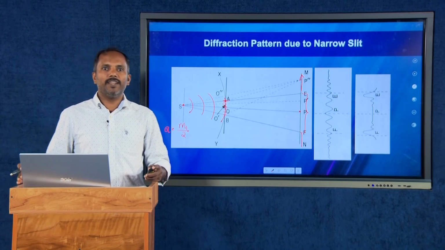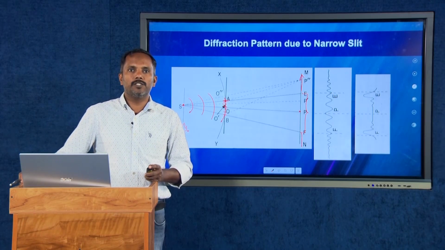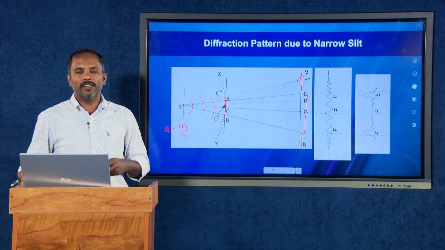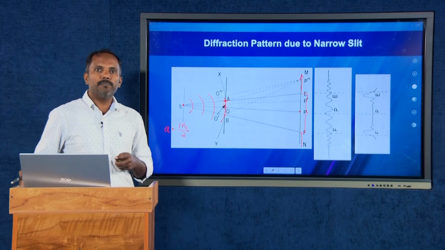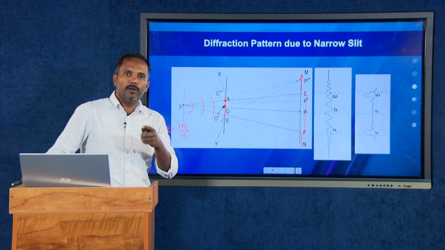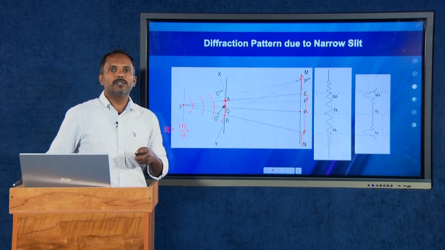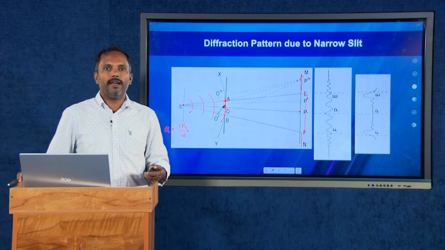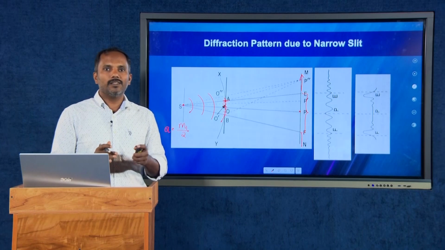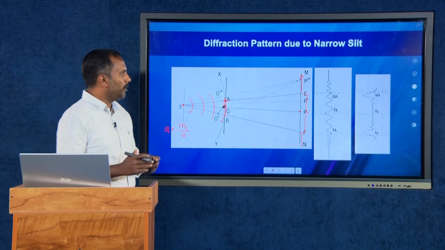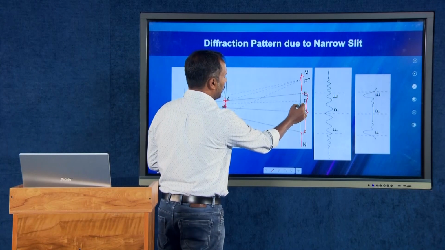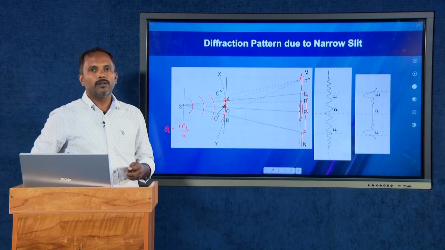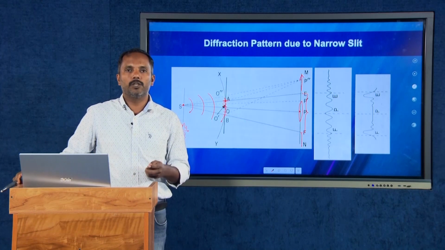If the wavefront is divided with reference to the points near to the point P, the number of half period strips above and below the new poles in the exposed portion of the wavefront will be quite large. Hence we are getting a uniform illumination in this particular region.